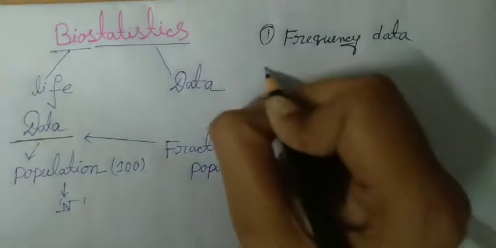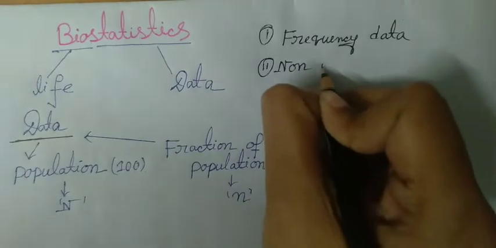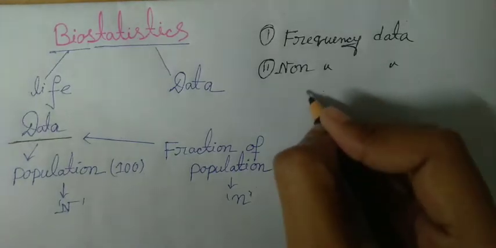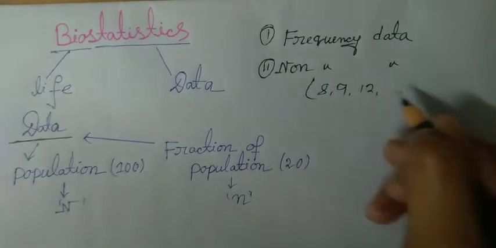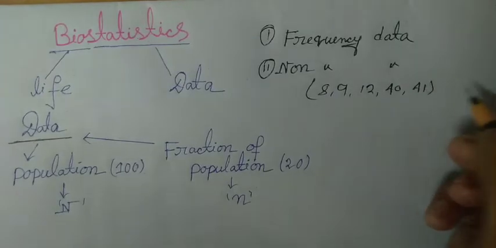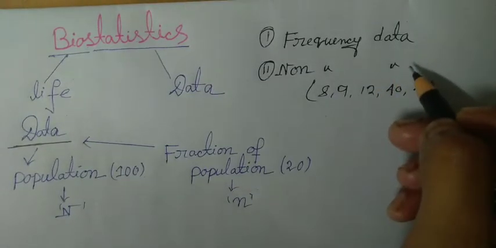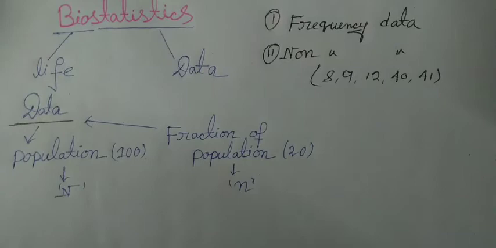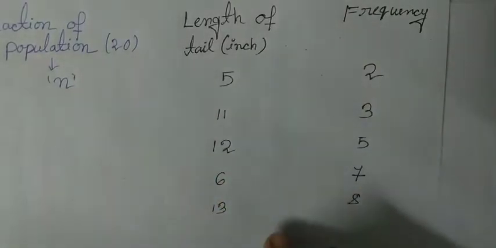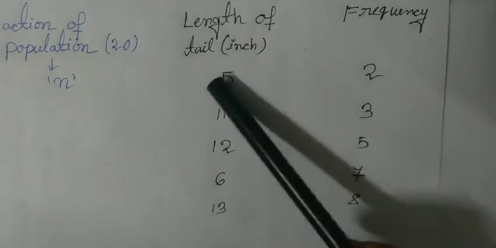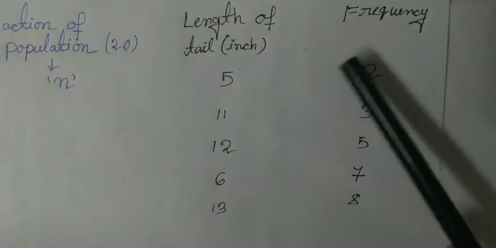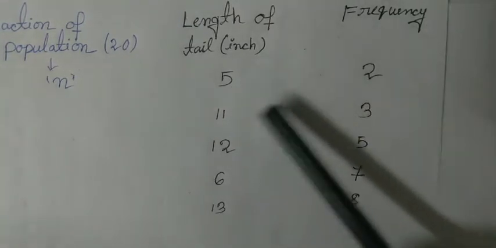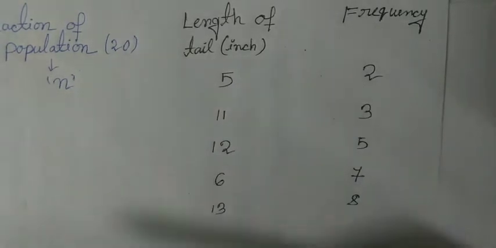Non-frequency data means random numbers like 8, 9, 12, 40, 41, etc. But frequency data has a sufficient or specific count. As an example, I show you a table with length of tail in inches and frequency, where two animals have 5 inch tails, three animals have 11 inch tails, and so on.